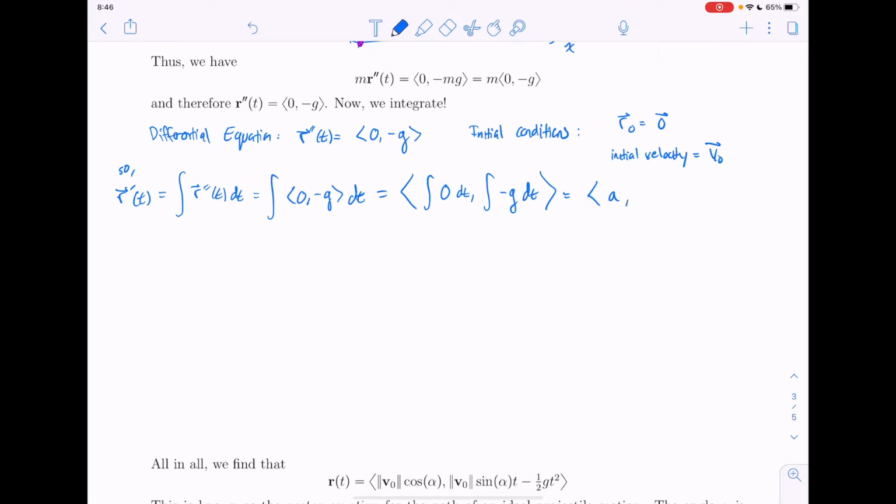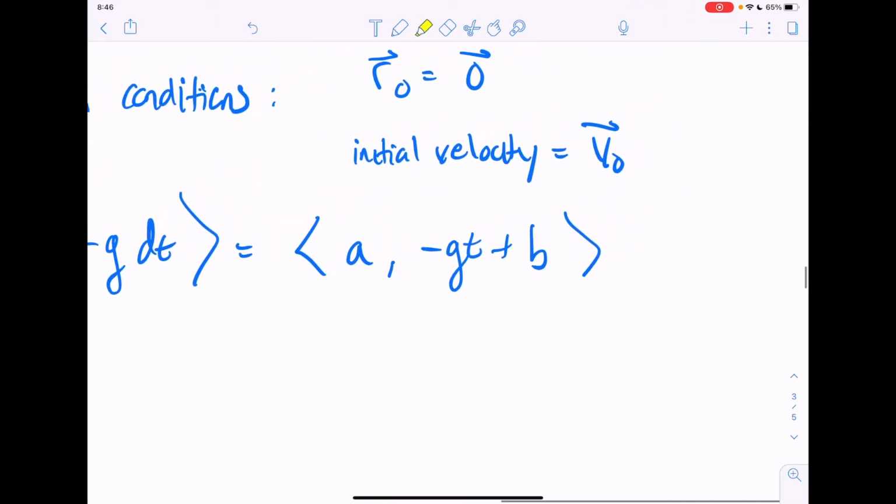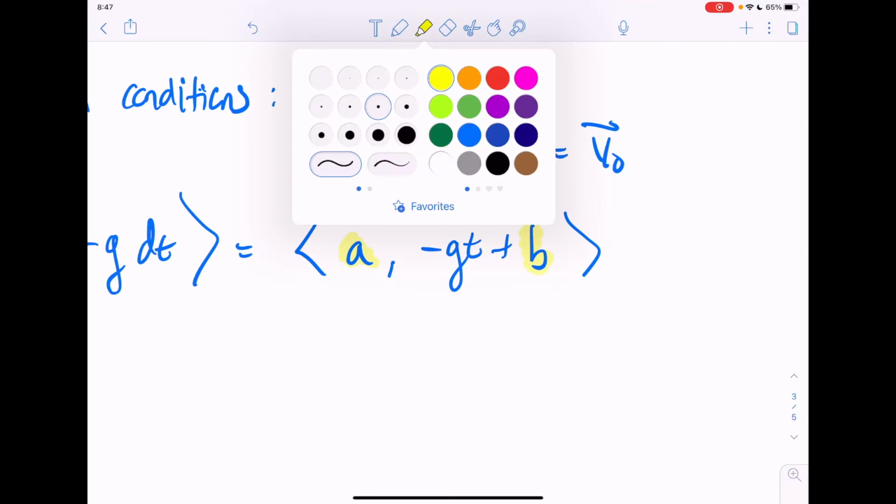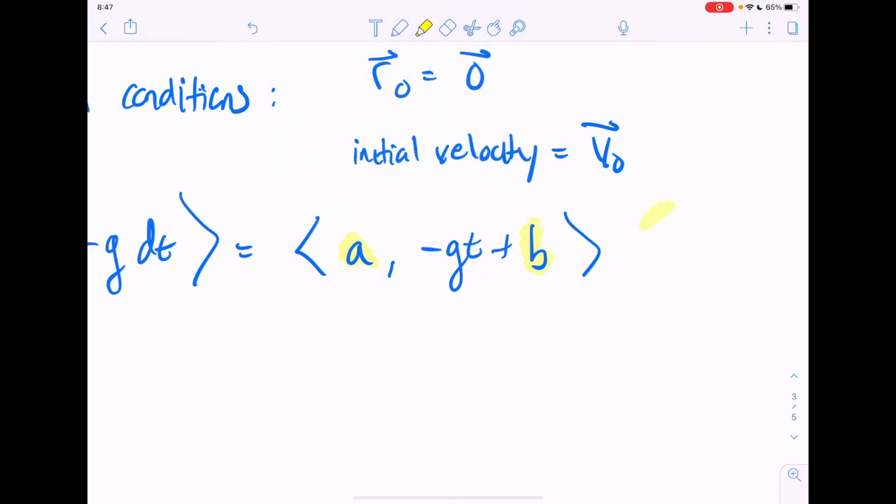And then for the second component, we might have negative gt plus b, for example, where we'll note here that a and b, these two are constants. So the things I just highlighted, these things are constants.